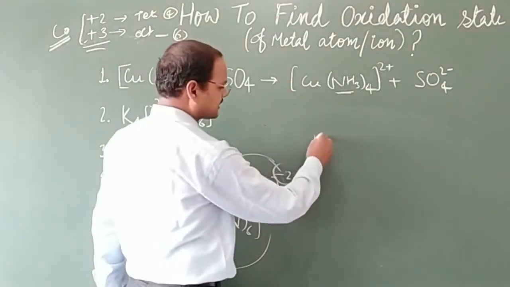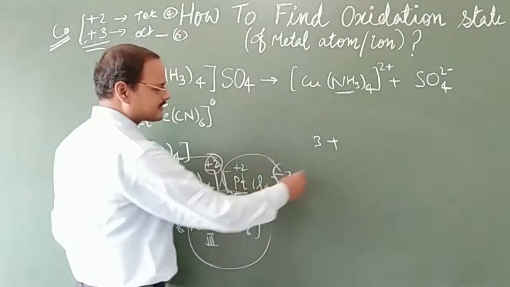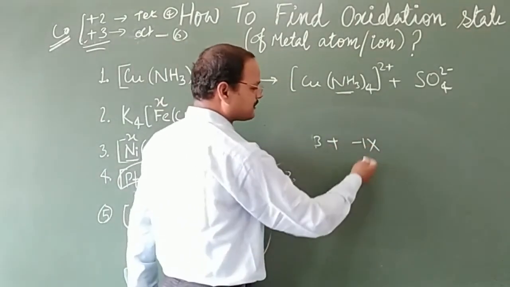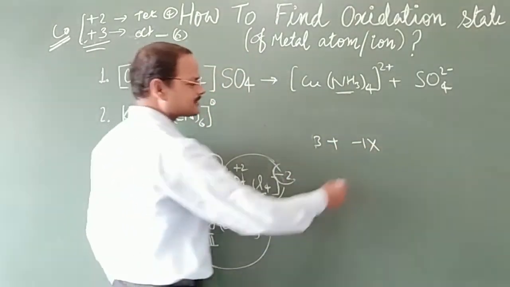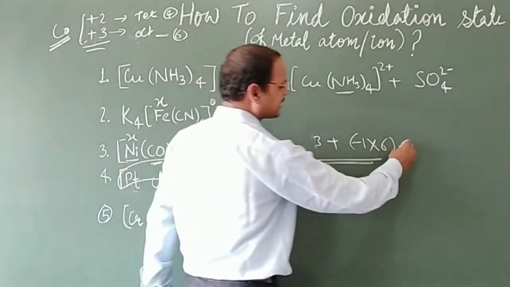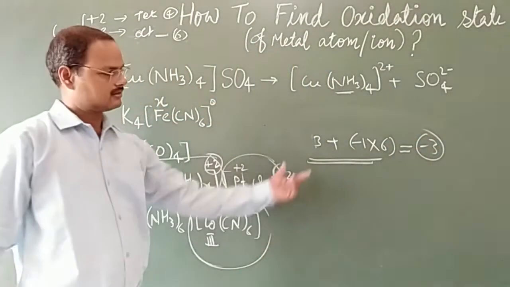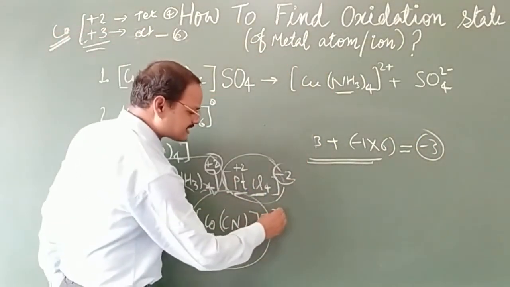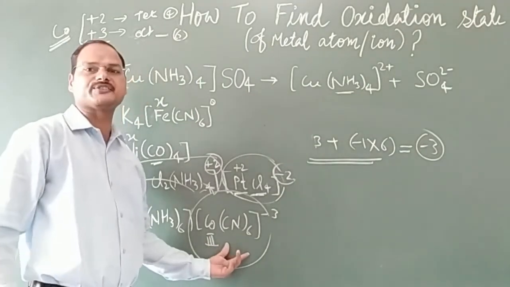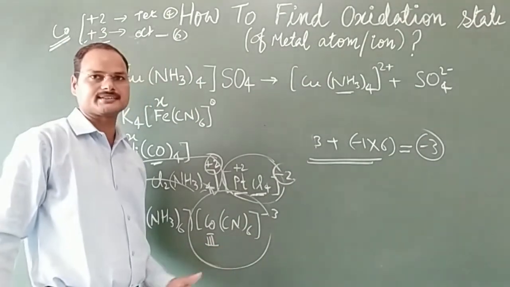Let's see. +3 on cobalt and CN is 1 negative. It means when we multiply this by 6 and solve overall, we will get here -3. It means the -3 charge is present on this ionic coordination sphere for the anionic complex.